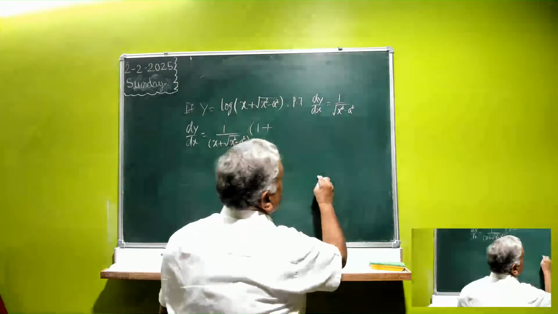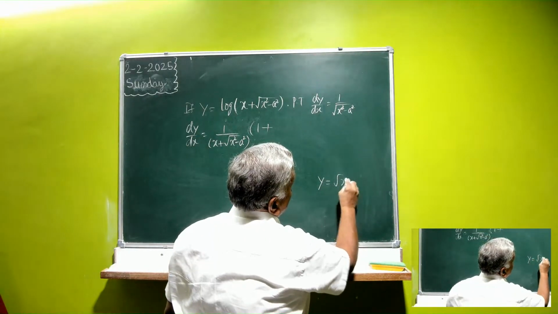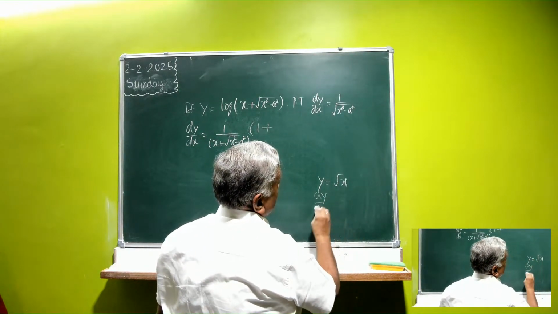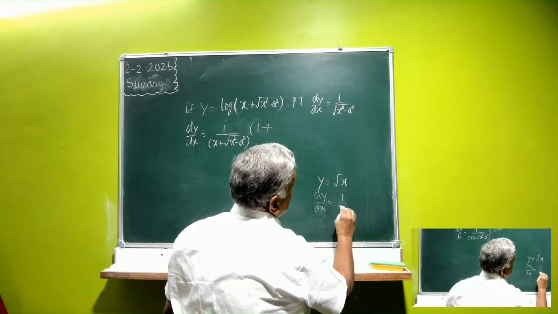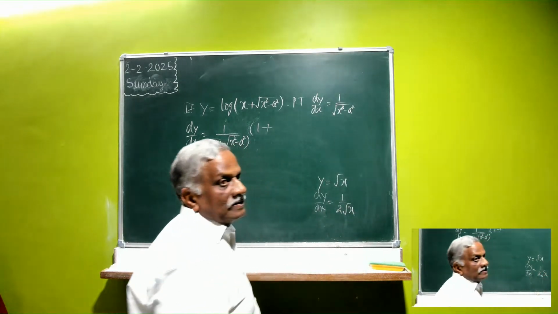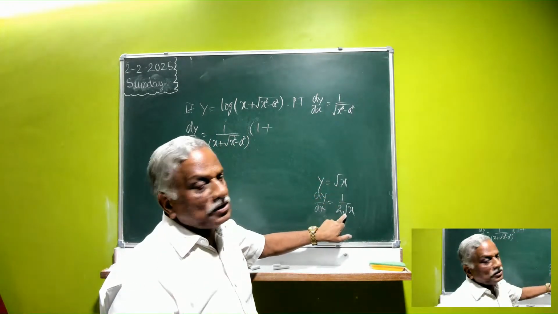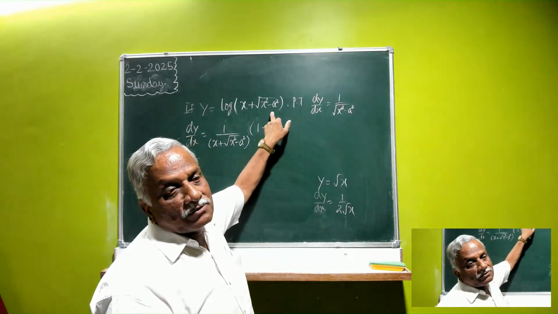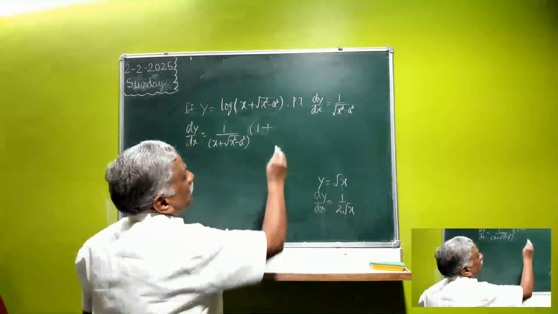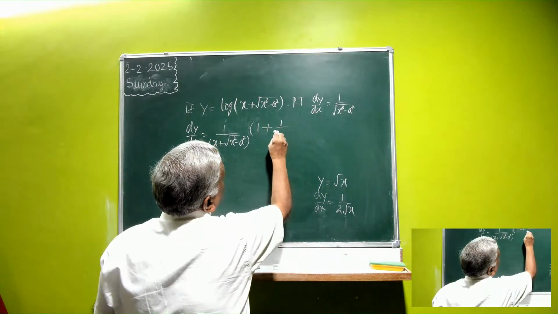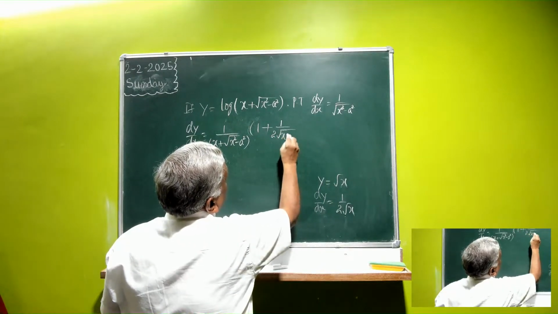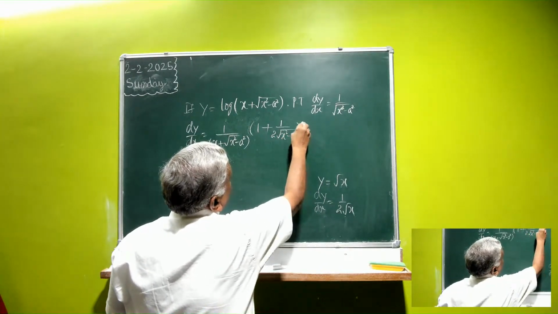So what is the differentiation of root x? You have to recall. Y is root x, dy by dx is 1 over 2 root x. If you have got u, you will write 1 over 2 root u. But you have got root of x square minus a square, so I write this as 2 into root of x square minus a square.